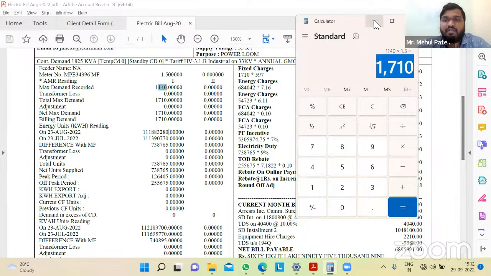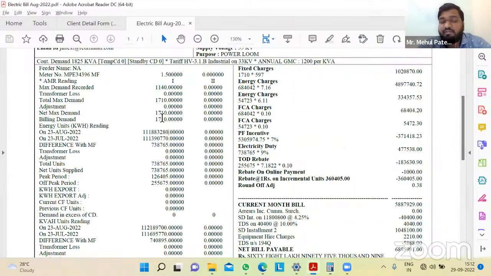So 1710 kVA is the maximum demand that is billed. Billing demand is 1710; demand recorded is a different thing.